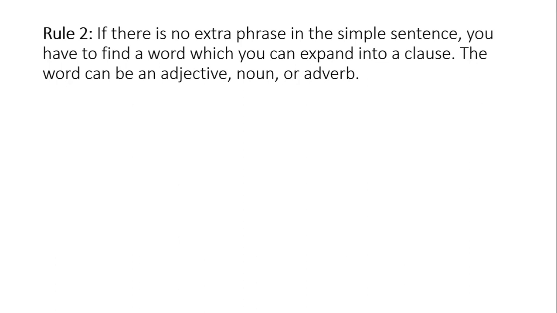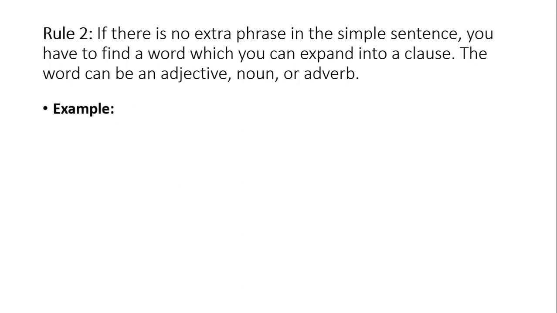In rule number 1, we have been changing simple sentences having an extra phrase. So now the rule is, if there is no extra phrase in the simple sentence, you have to find a word which you can expand into a clause. The word can be an adjective, noun, or adverb.